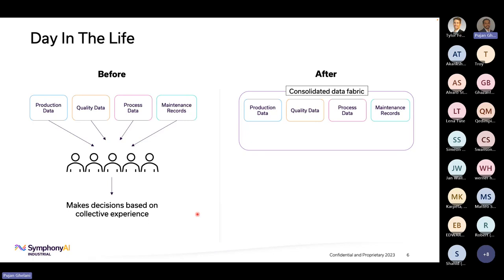Which means that we're able to pull in and consolidate data from different sources, whether it's asset data, things like operating parameters, pressure, RPM, for example, quality data, which could be yield or scrap, or process data, things like temperatures and flows, or even maintenance logs, right? So again, we're able to consolidate each of the different data types from the different data sources that we have available and are interacting with.